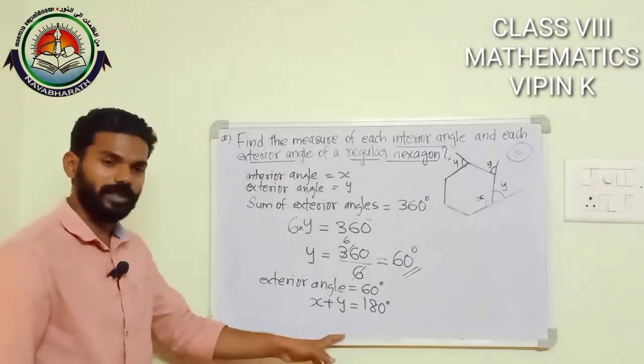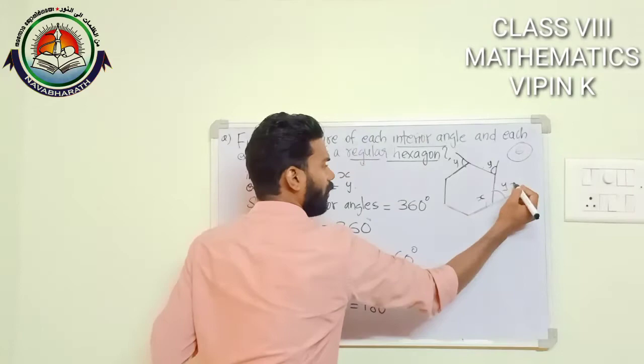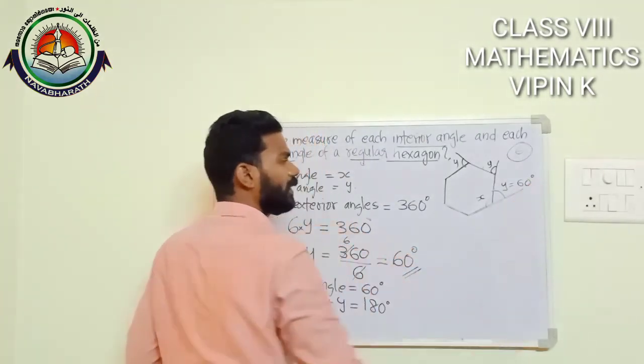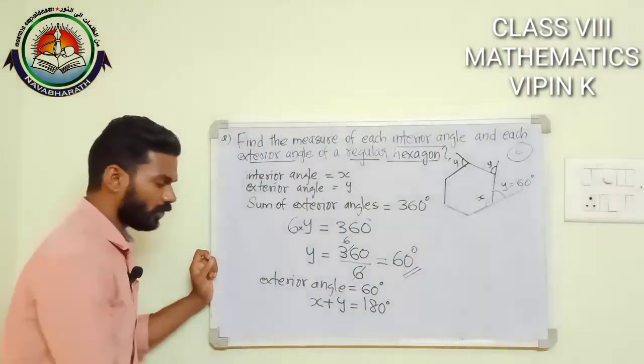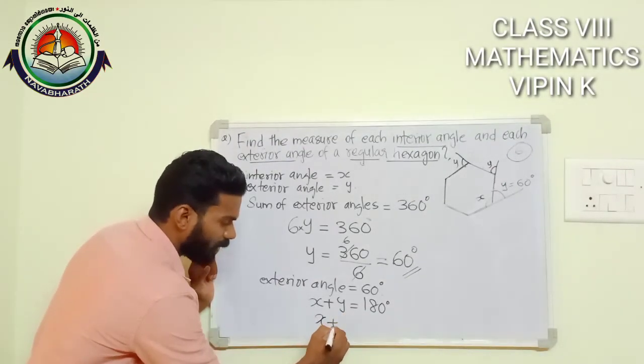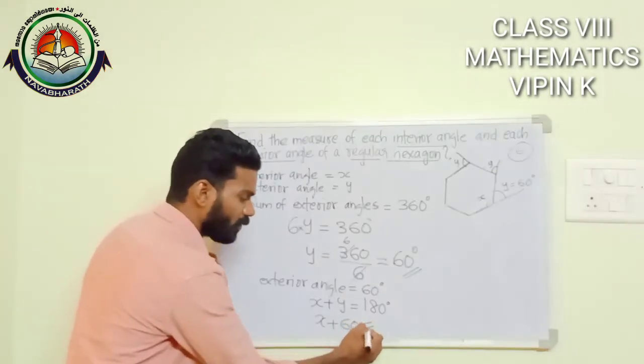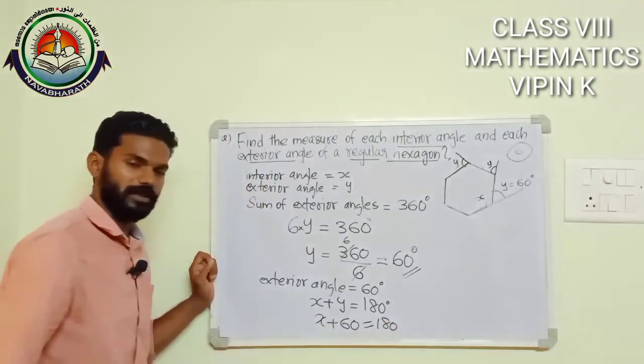And out of this, you know the value of y. Y equals how much? We found the value of y as 60 degrees. So you can put the value of y as 60. So x plus, instead of y I am putting 60, would be equal to 180.